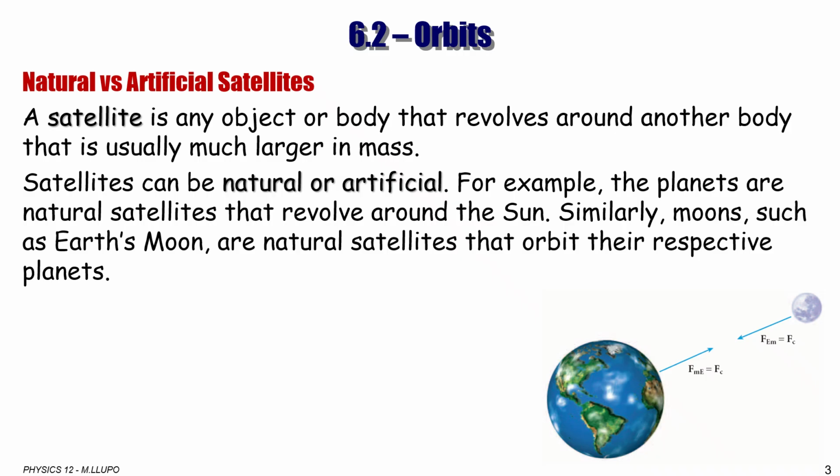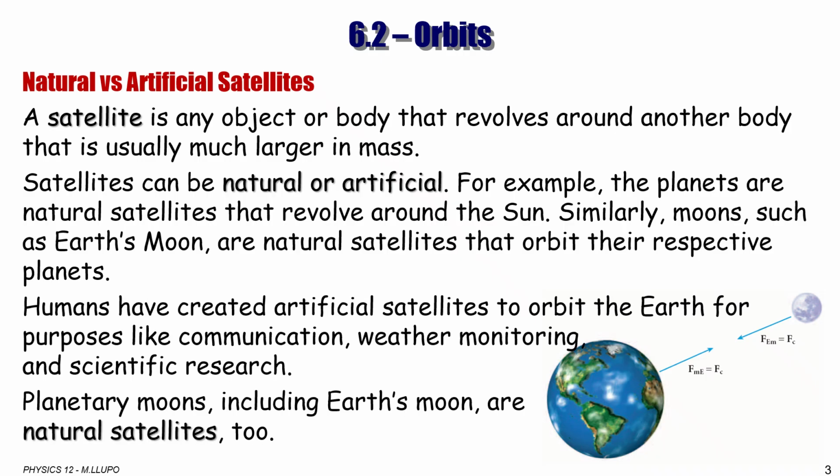In our solar system, we have many moons orbiting their respective planets. Humans have created artificial satellites to orbit Earth for purposes of communication, GPS or other cell phone communication, weather monitoring, and scientific research like the International Space Station.